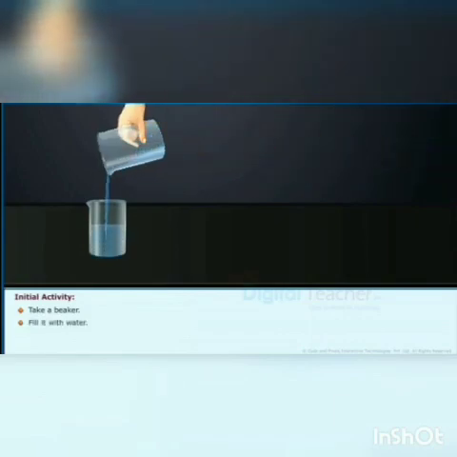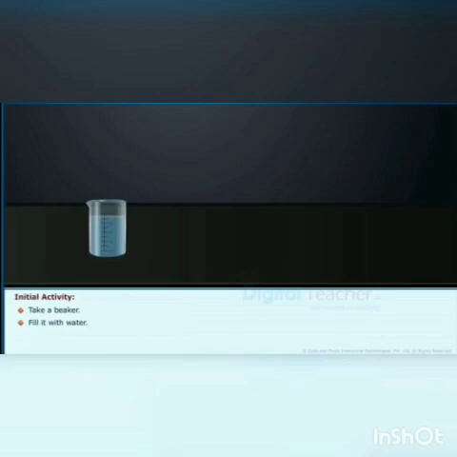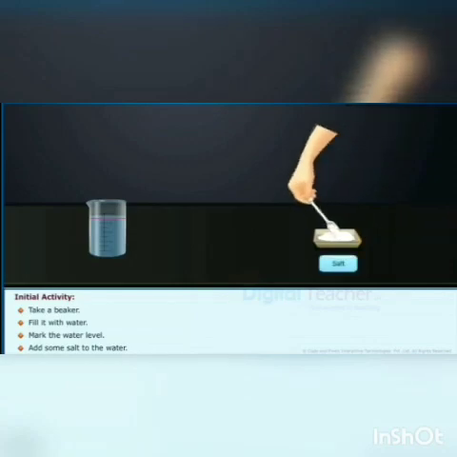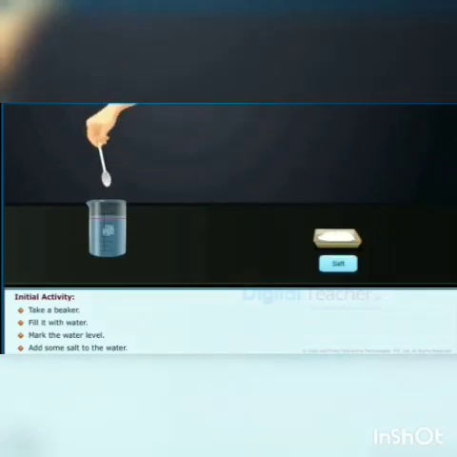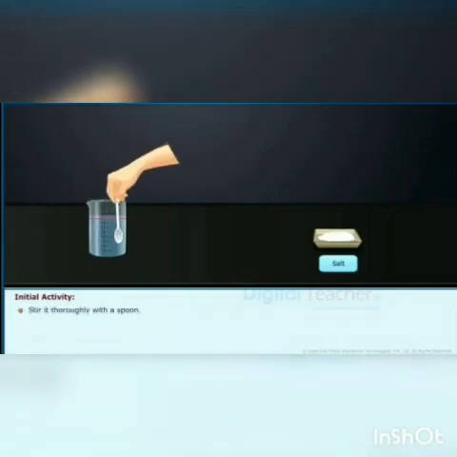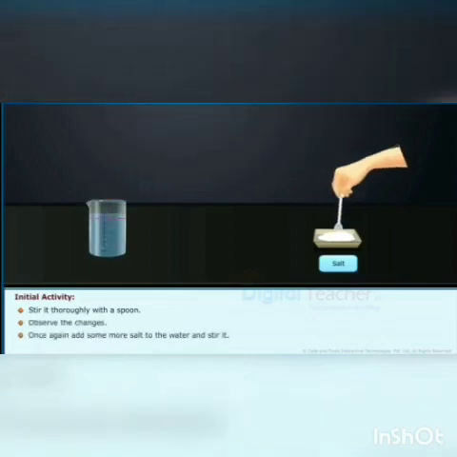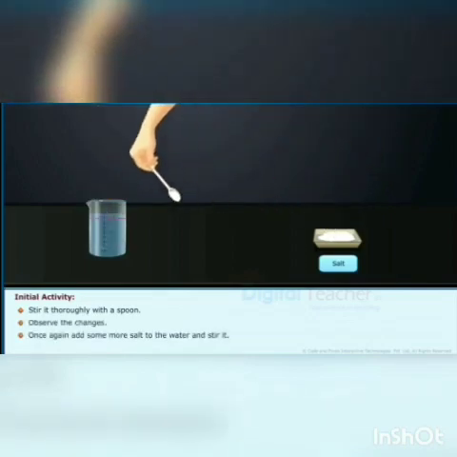Take a beaker, fill it with water, mark the level of water, add some salt to the water, stir it thoroughly with a spoon, observe the changes.